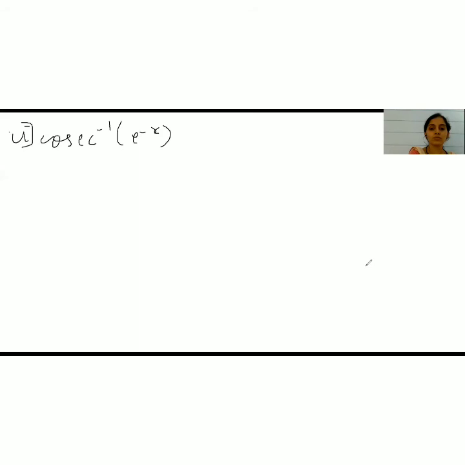So cosec inverse f of x is equal to minus 1 upon f of x, right? Under root of f of x the whole square minus 1 multiplied by f dash of x. Okay, let us apply this formula here. So we write this as, let us take this as a function of y.